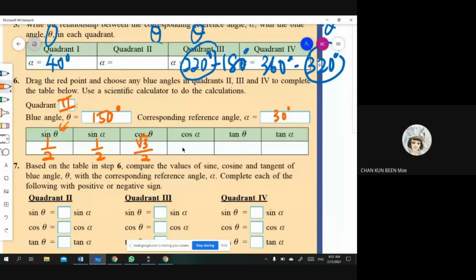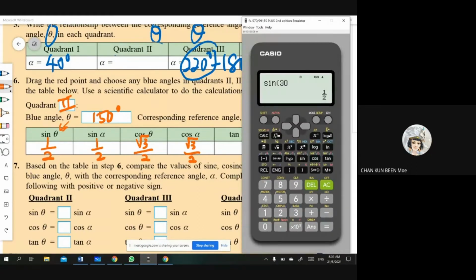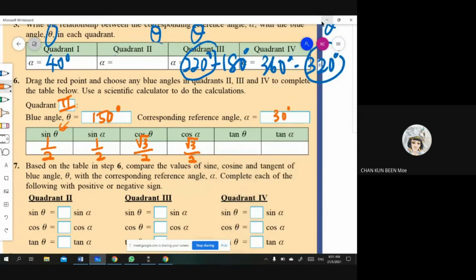Okay, get ready. So Sanai, how much is cos alpha? Root 3 over 2. Any negative sign? No. Let me try one more time. Cos alpha, so it is cos 30 degrees. Okay, no negative sign, thank you.